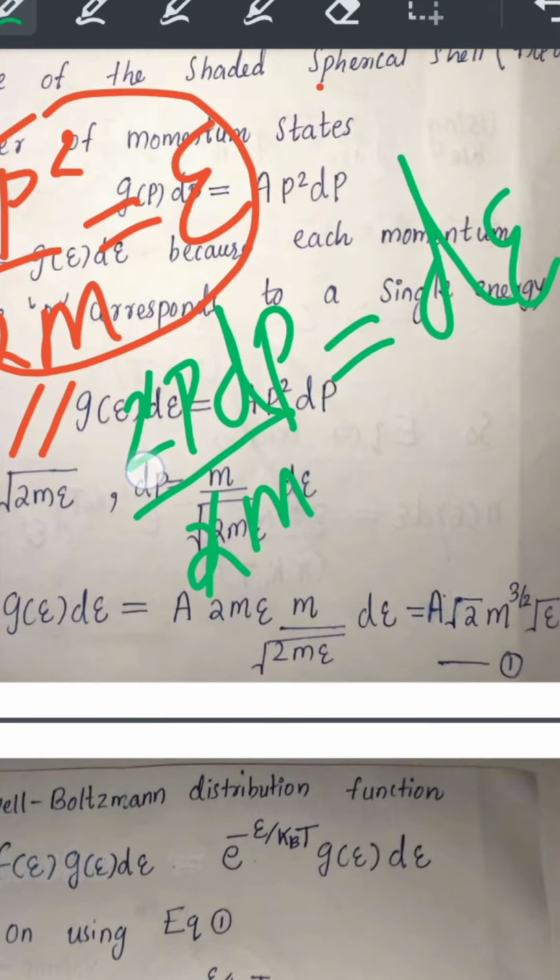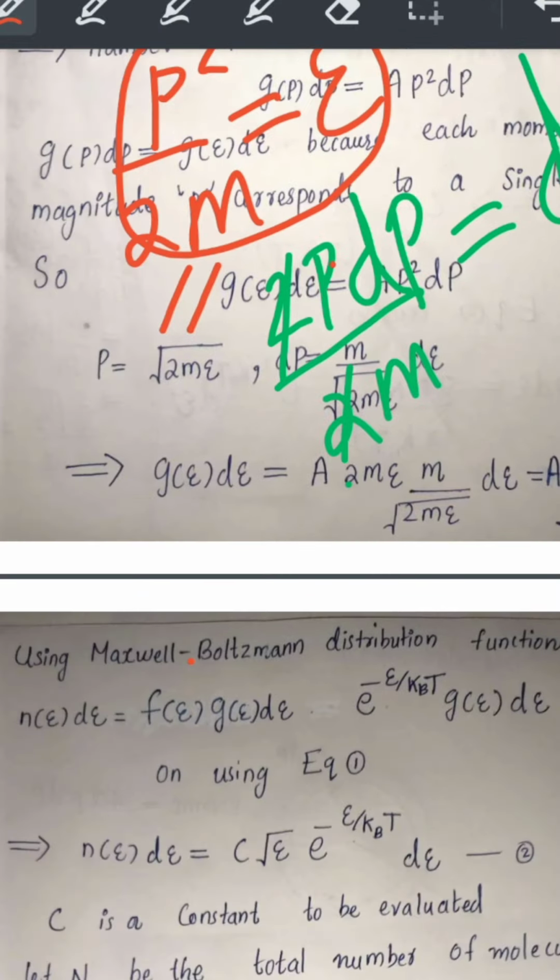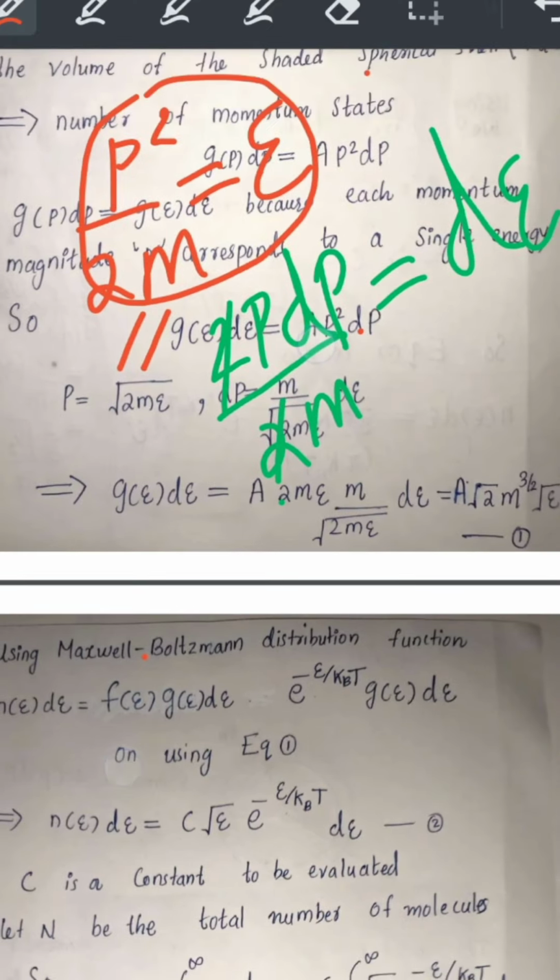Let me cancel this 2 from both sides and put p equal to root 2m epsilon here.